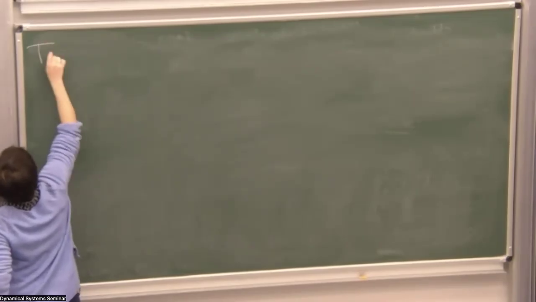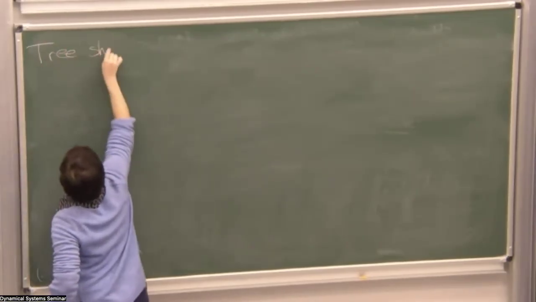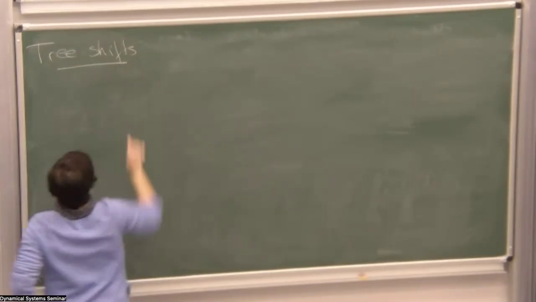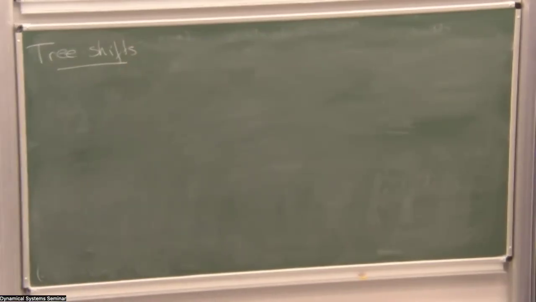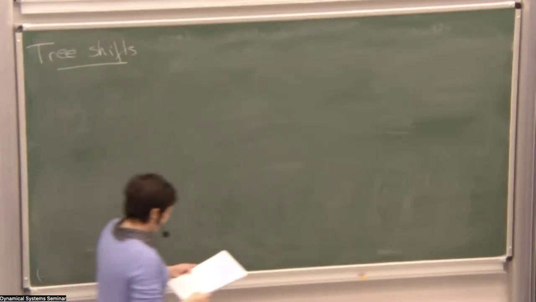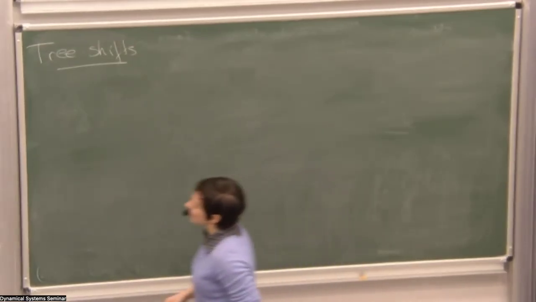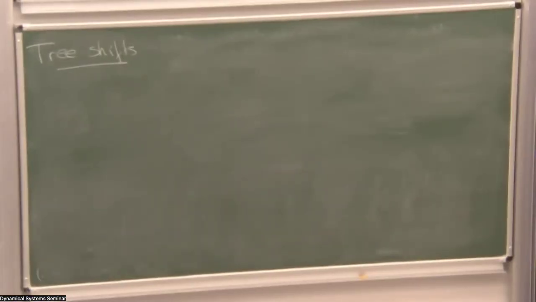Okay, so new topic, tree shifts. If you got lost or bored, now is the time to come back. There's a big difference actually between these exotic examples and say PSL2Z or the usual groups, think of other groups that had appeared before.